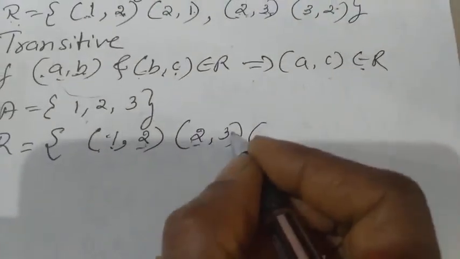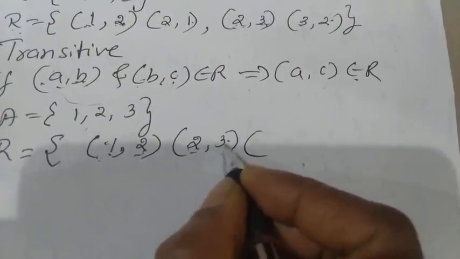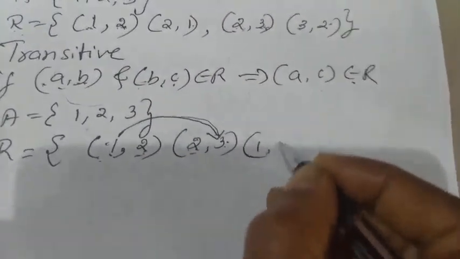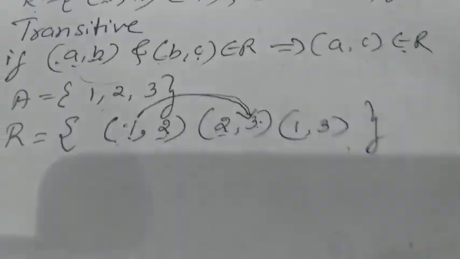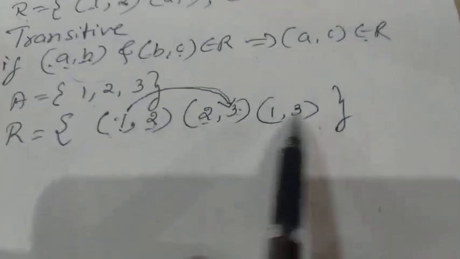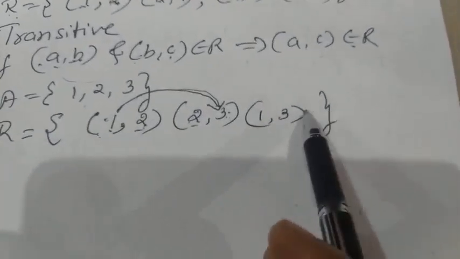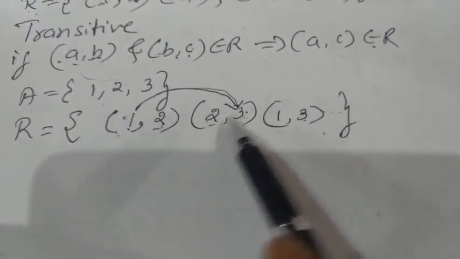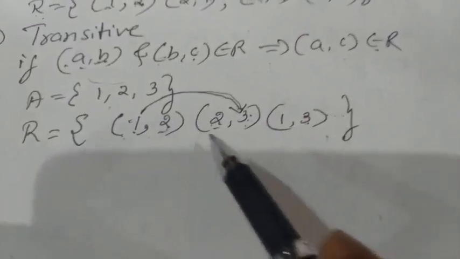Then (1, 3). (a, b), (b, c), then (a, c). (a, c), that is (1, 3), must be included in this relation. It may contain any other ordered pairs also. Not only that, you can add more ordered pairs. Okay. This is a transitive relation.